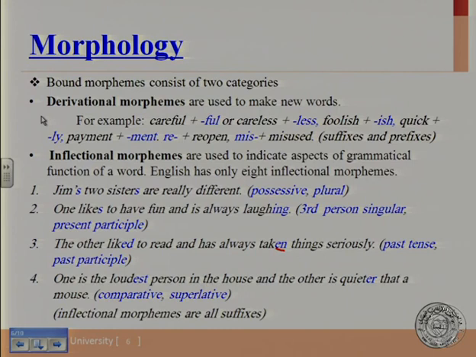Next is the ed form, the past tense, and the past participle tense. Number 7 is using comparative form, and the last one is superlative. And of course inflectional morphemes are all, as you see, suffixes.